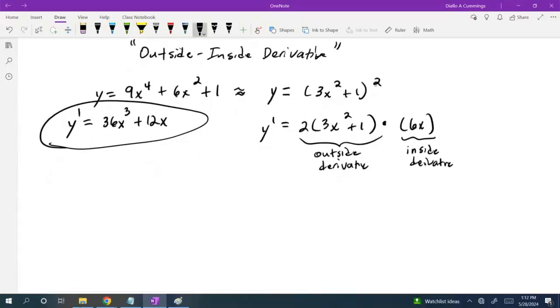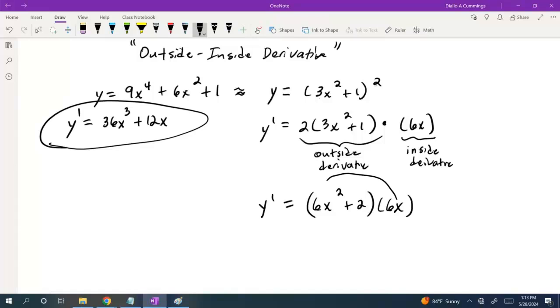Now I'm going to simply multiply these two functions together. So first I'm going to distribute 2 times 3x squared is going to give us 6x squared. 2 times 1 is 2. And then we're going to multiply that by 6x.